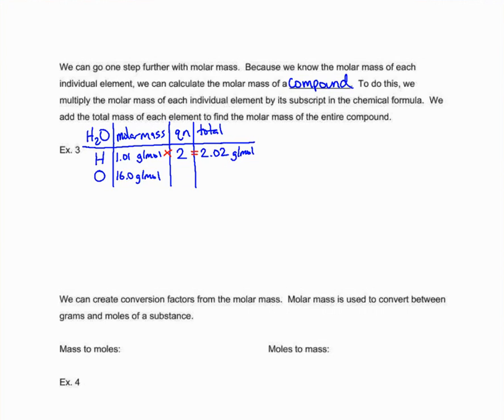Looking at the formula, oxygen has no subscript, which means its subscript is 1, which means that for every water, there's 1 oxygen. And so 16.0 times 1, and that is 16.0, and that's grams per mole.